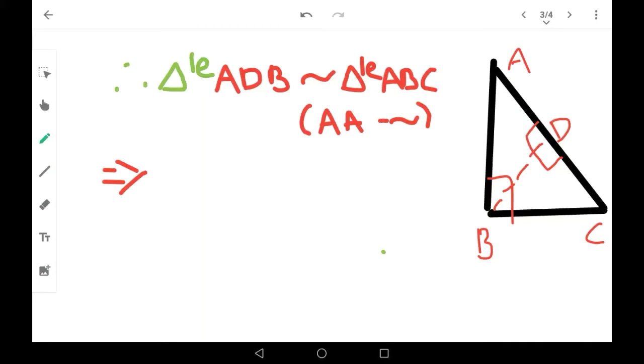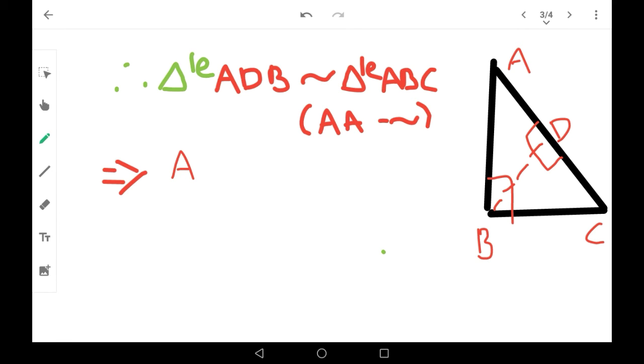What did we prove? Triangle ADB is similar to triangle ABC by AA similarity. So, according to the definition of similarity, what can I write? If two triangles are similar, then the corresponding sides are proportional. So by that definition, how can I write this?